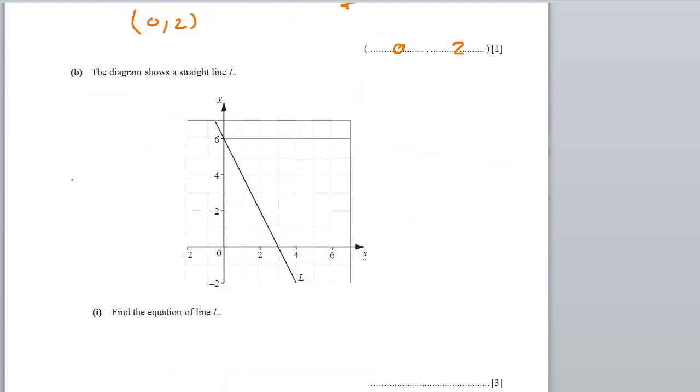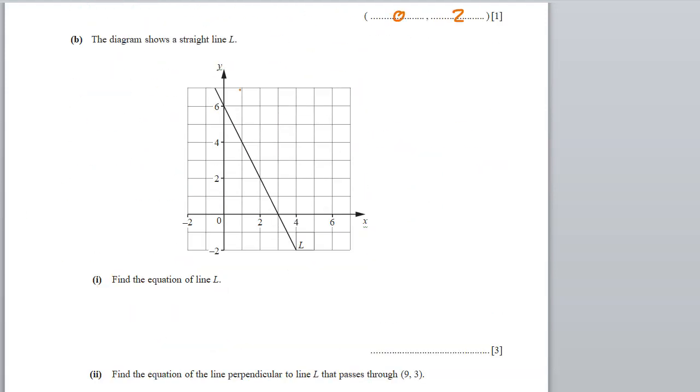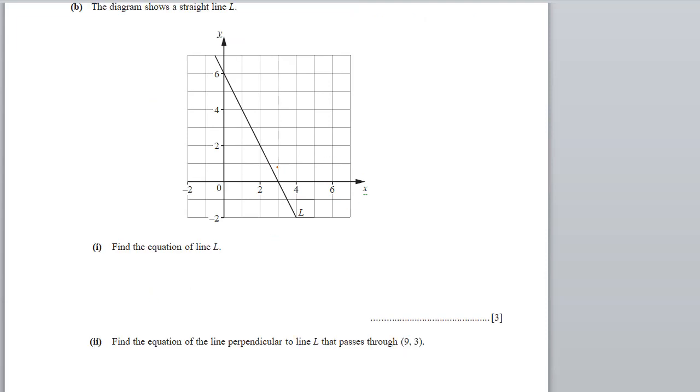Now, in the diagram, we show the straight line L. Find the equation of L. Let us assume this point which is 3 and 0, and this point here which is 2 and 2. So for the equation of the line, let us find the gradient m, y2 minus y1 divided by x2 minus x1.